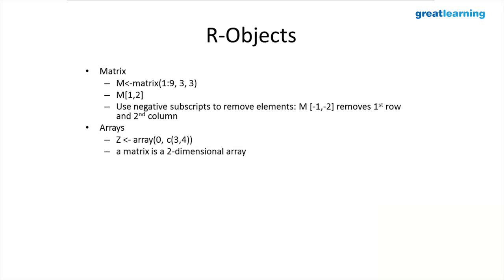For an array, I'm defining Z. Again the syntax is array, then I'm combining c(3, 4), basically combining 3 and 4 rows and columns. Right now let's not focus on arrays. We'll talk about this maybe in a few sessions. Right now the scope is the two-dimensional array, that is a matrix.